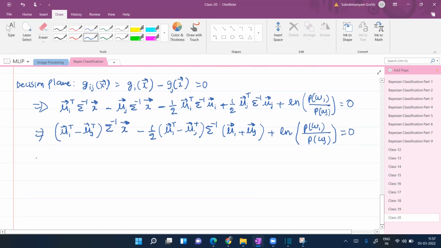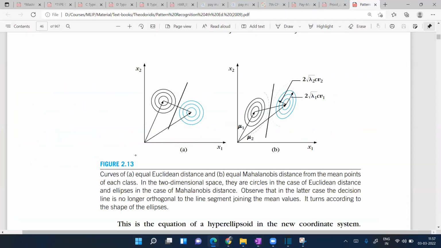Okay, now let me take mu I bar transpose minus mu j bar transpose out. Of course, why not take sigma inverse also? That also I can take out. Then what do I get inside?